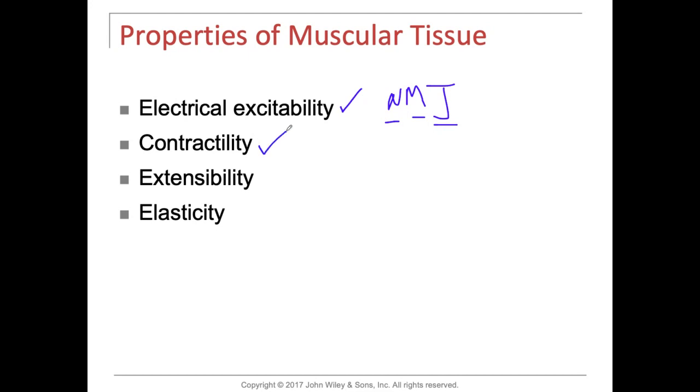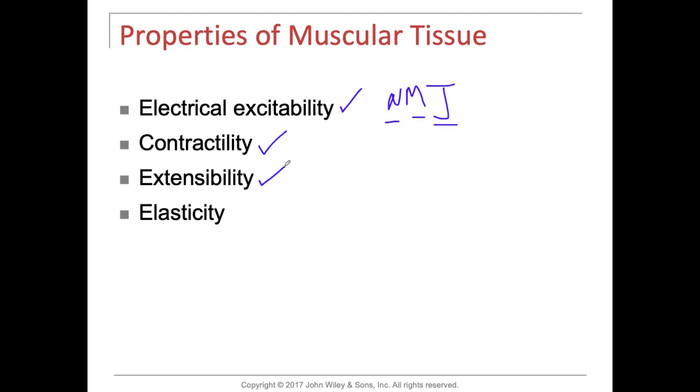That's contractility. When we say contractility, we mean shorten, we mean lengthen, and we also mean remaining the same length. Muscles can shorten, muscles can lengthen, and muscles can remain the same length. That's contractility. When we talk about extensibility, that's the muscle's ability to go from a shortened state to a lengthened state.